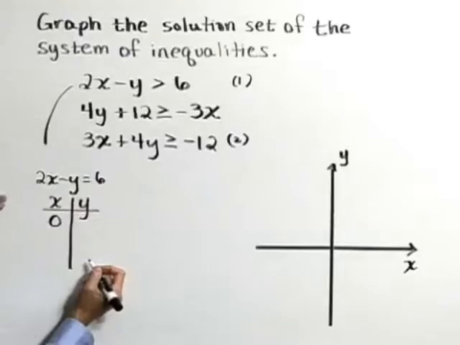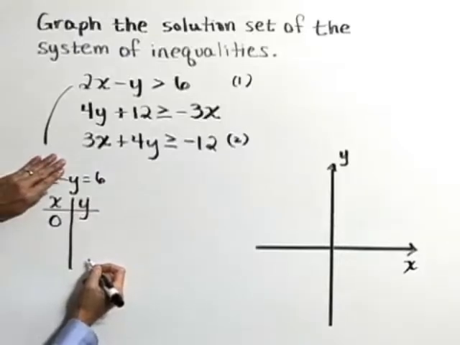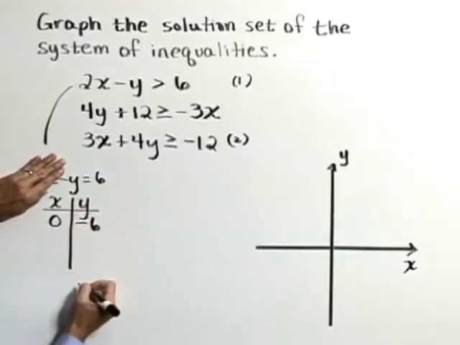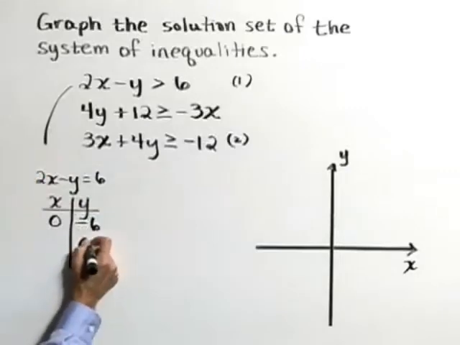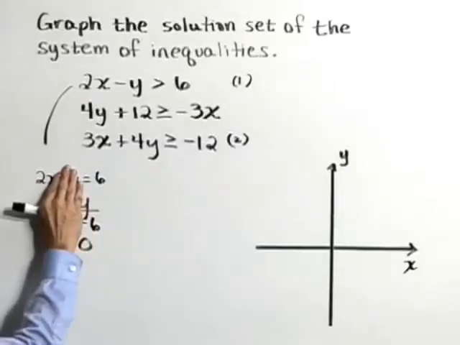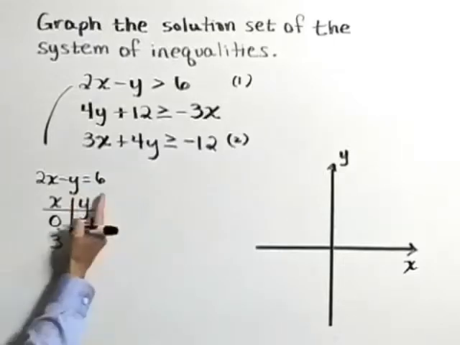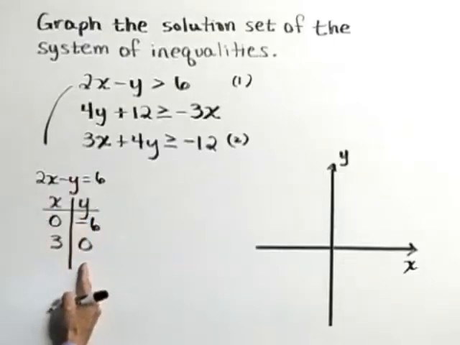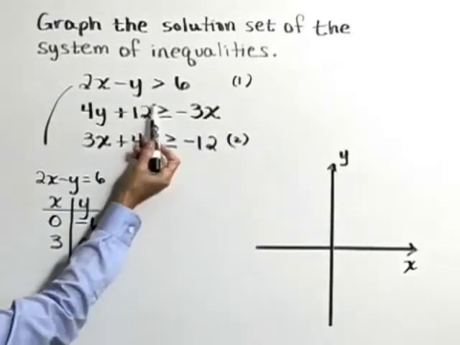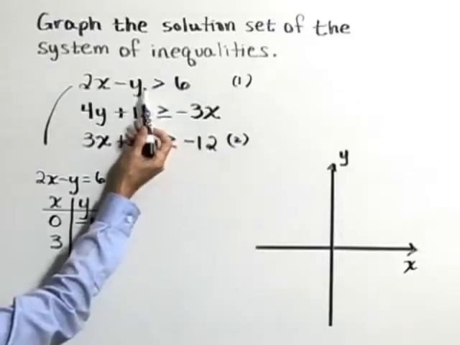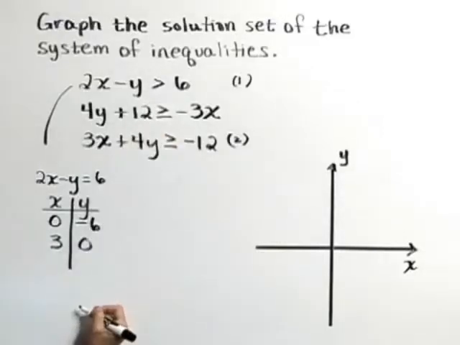If x is 0, then negative y is 6, or y is equal to negative 6. And if y is equal to 0, then 2x is 6, or x is equal to 3. Now as we graph this boundary line, we're going to use a dotted or dashed line because our inequality statement is a strict inequality. That's 2x minus y is greater than 6.